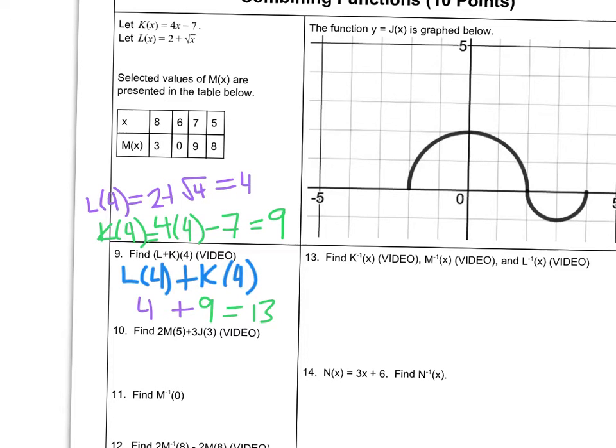Second one, 2m of 5 plus 3j of 3. First I've got to find m of 5. And m is the table. I find 5. I've got an output of 8. J of 3, that's going to be my graph. So I'm going to find where x is 3. And I've got a height of -1.